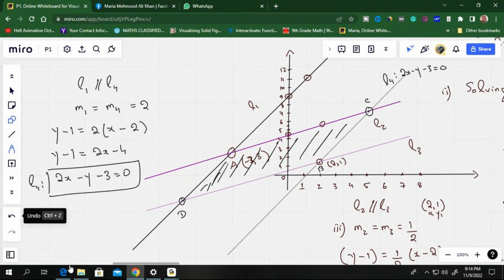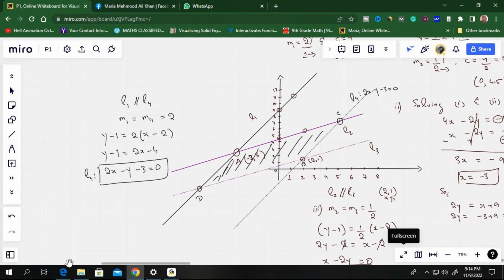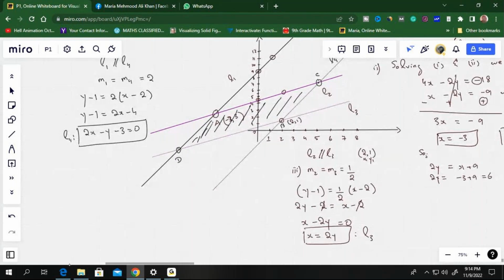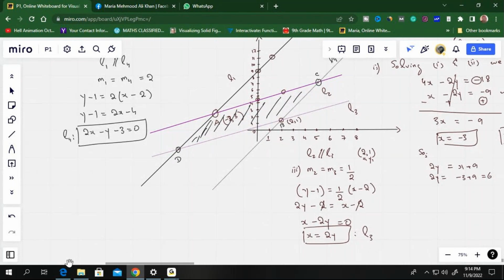I just minimize my font so that it is going to cover everything here. I'm going to write down my L3, L1 and L2 right below each other so that you can easily manage these equations.